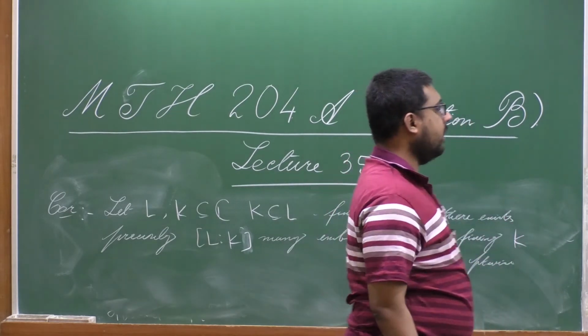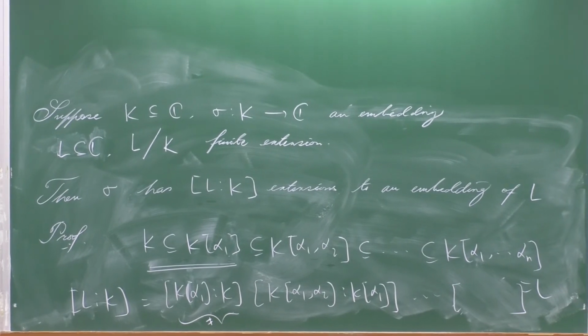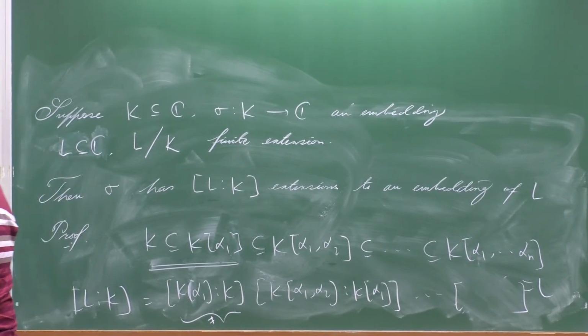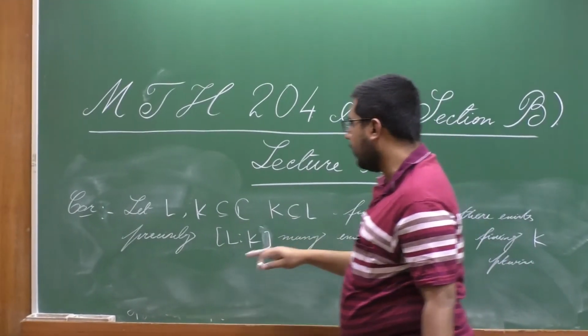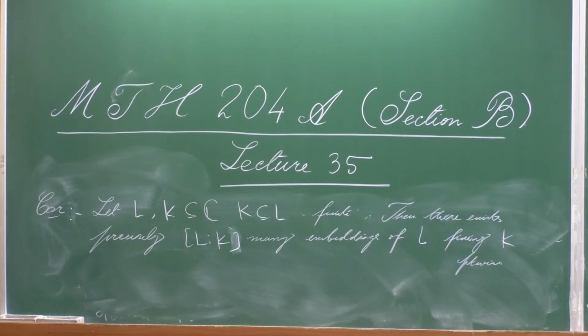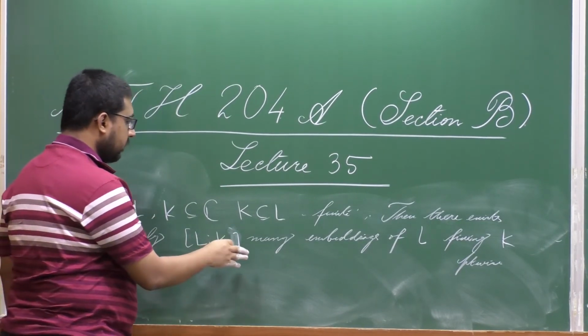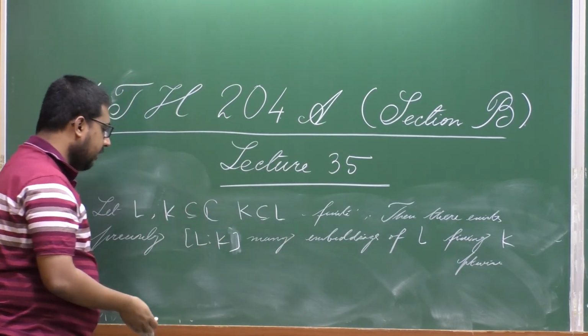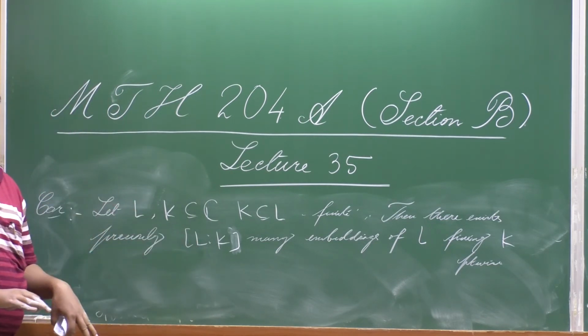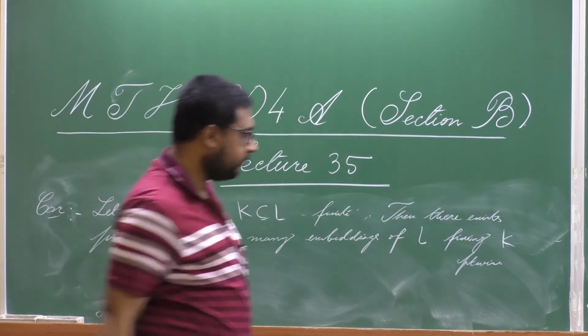What you do is take sigma to be the natural inclusion, and that extends to an embedding of L in these many ways. So given any extension of subfields of C, there exist exactly these many embeddings of L which fix K pointwise.